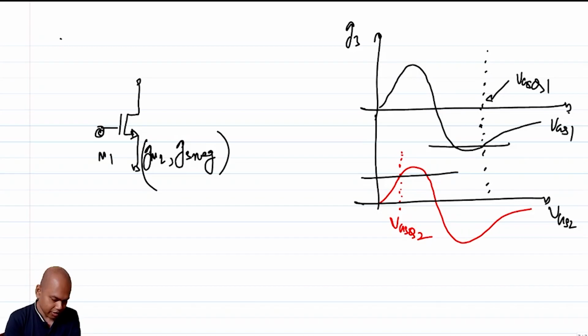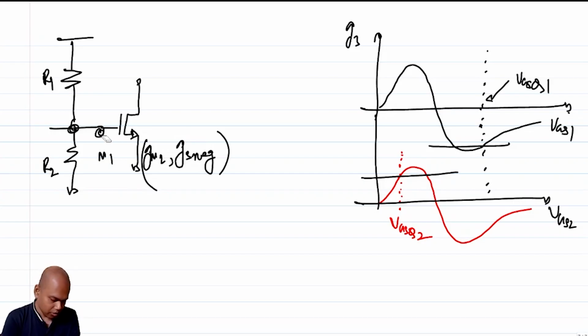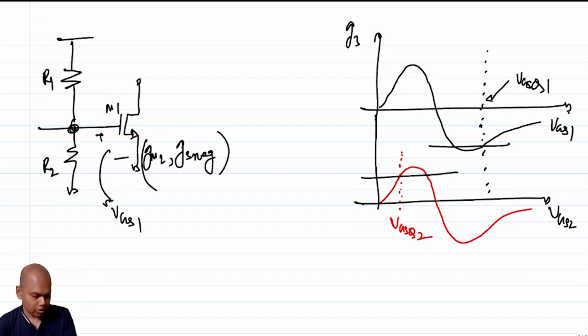You bias it with the most trivial type of bias, R1, R2, at large VGS, biased at VGSQ1.